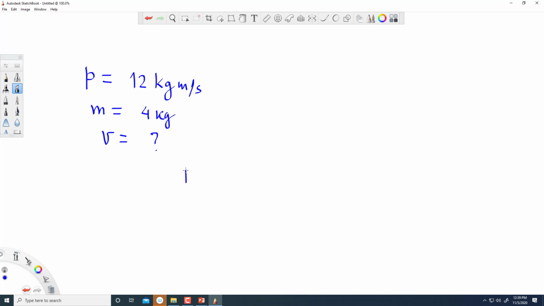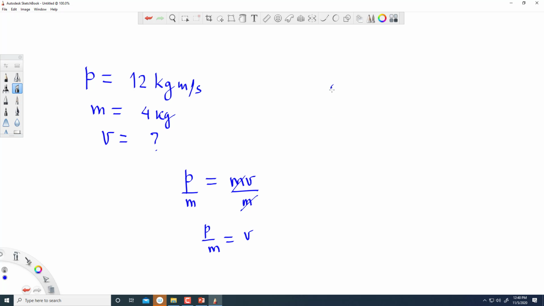So we know the formula for momentum: p is m times v, and we want to find v. We can rearrange this equation by dividing both sides by m. So m and m cancel, and then you get p over m is equal to v.